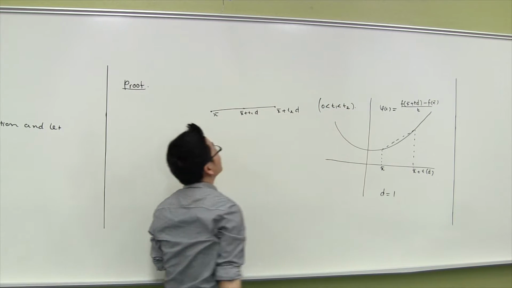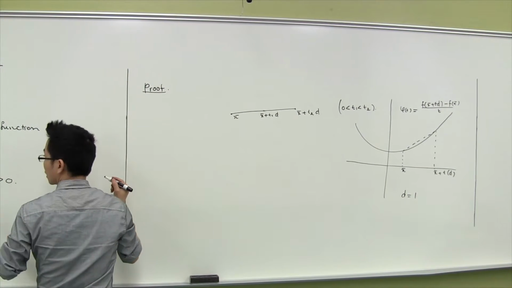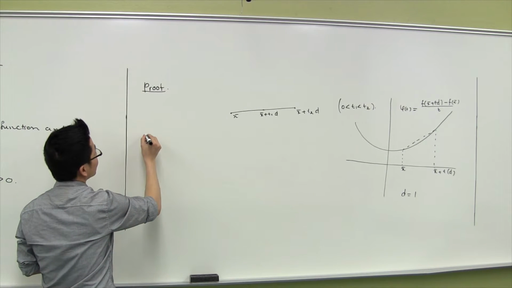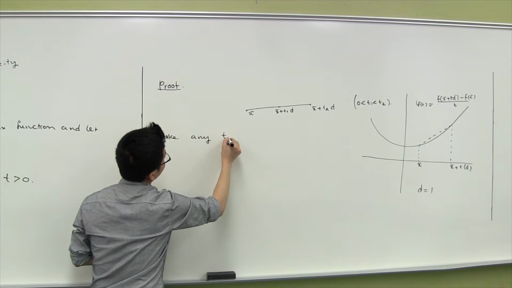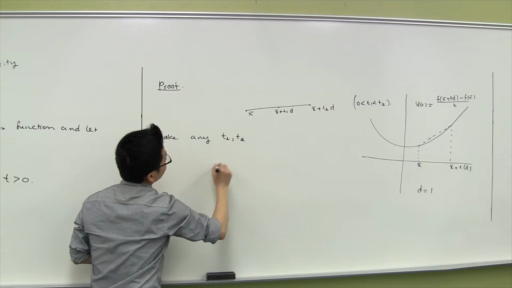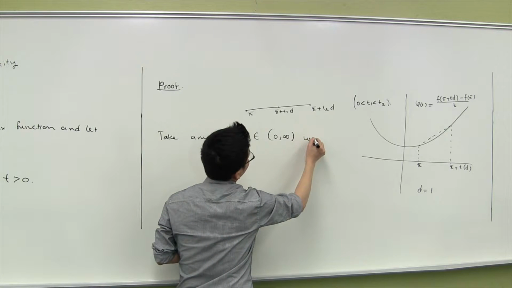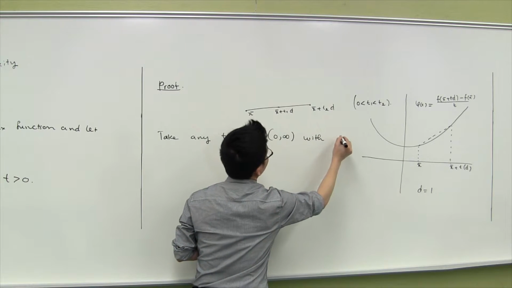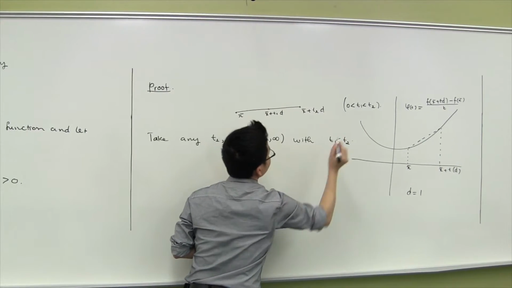In order to complete the proof, I'm going to take any t1 and t2 in the interval 0 to infinity with t1 strictly less than t2.